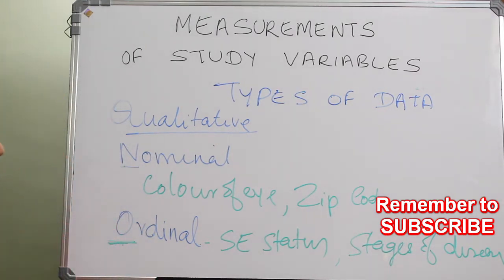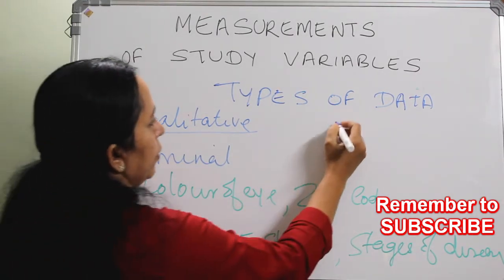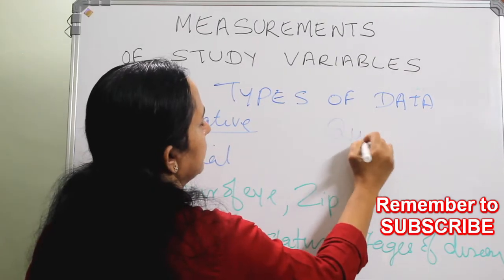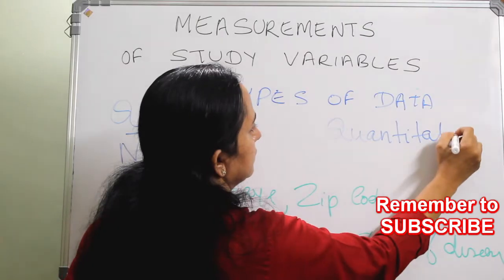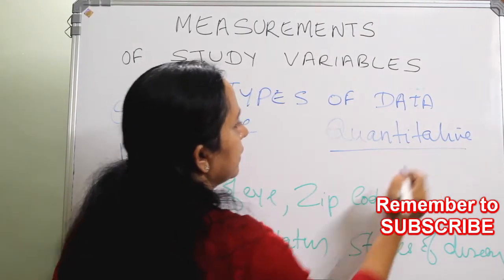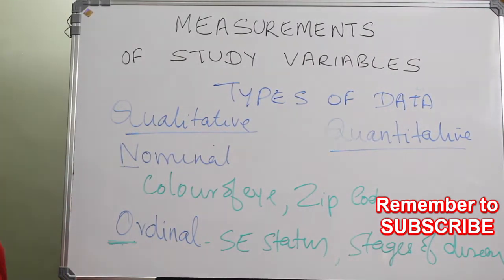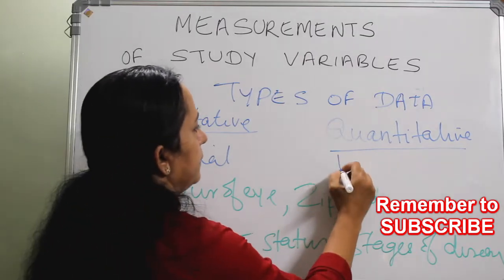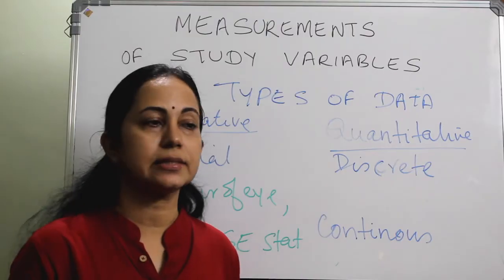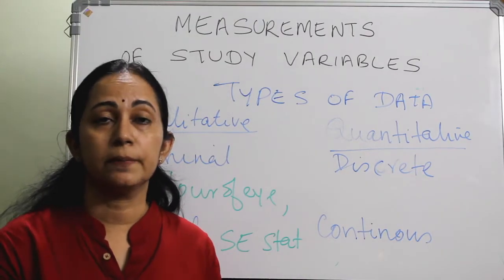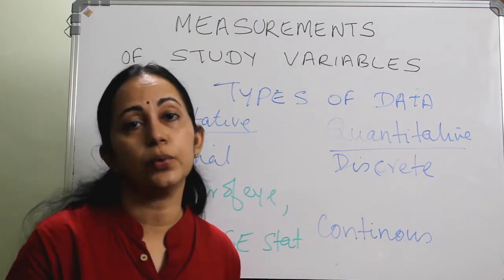And coming to quantitative, it can be either discrete or it can be continuous. So discrete and continuous. Discrete is the variable whose value we get by counting.